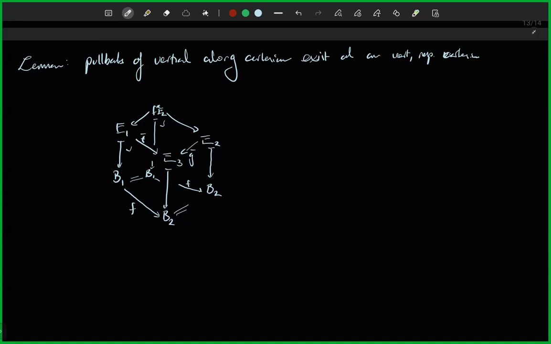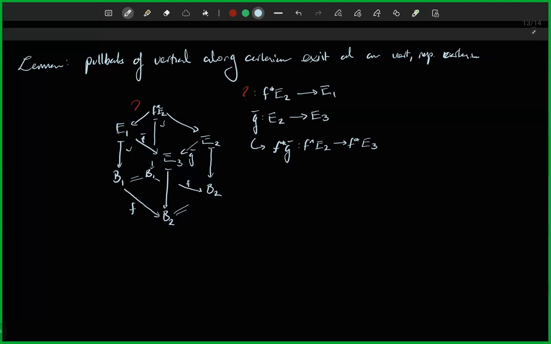So I'm seeking this last thing here. So I'll put that up here. And what I have, and essentially haven't used yet, is E2 to E3. So I can pull this back along F to get F star G bar from F star E2 to F star E3, right?